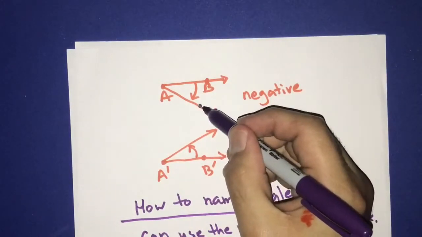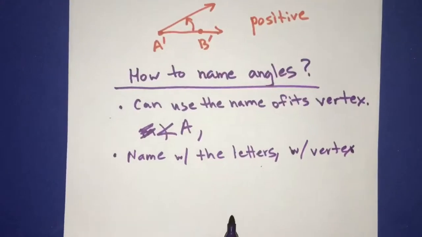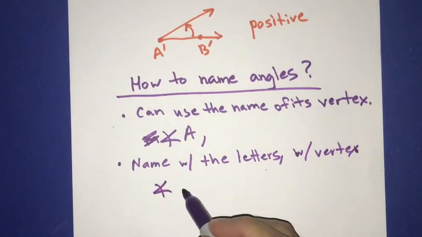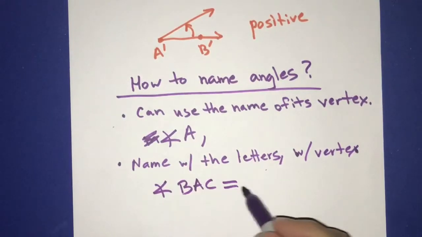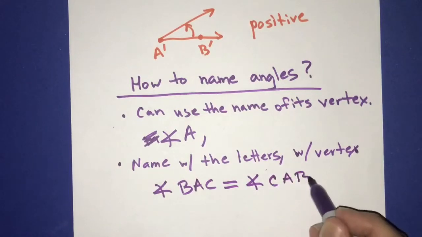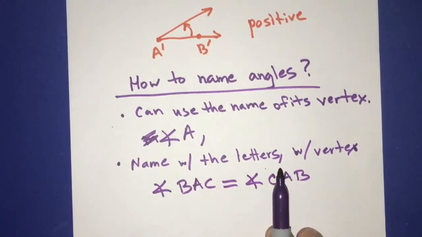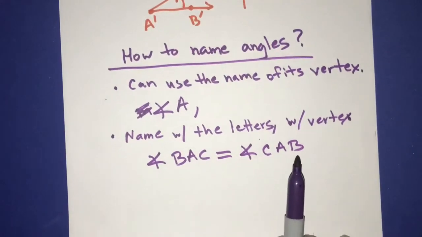So we could just pick any point on our terminal side. So let's say this was C. So we could name that angle BAC, and this would be the same thing as angle CAB. And as we see, the vertex has to go in the middle by convention.